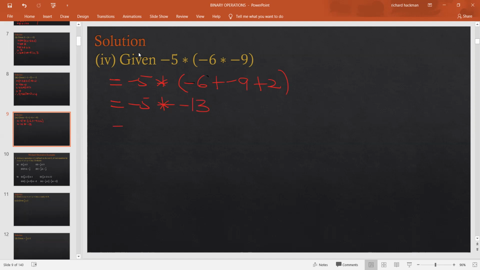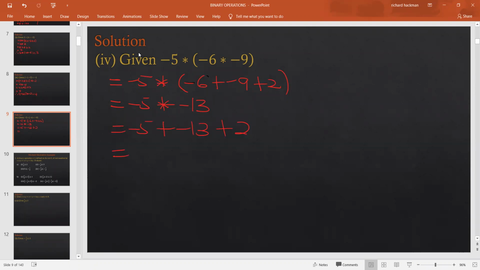So now you are still combining two elements under a star. And the rule you said is what? Your A, which is your first element, -5, plus your B, which is your second element, -13, then plus your 2. That's the rule. So that gives us -5 -13, which gives us -18, then plus 2.